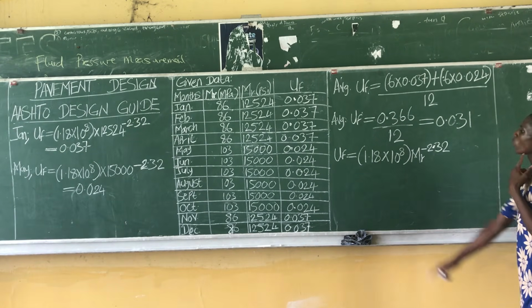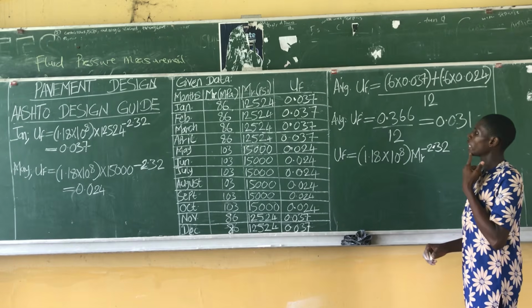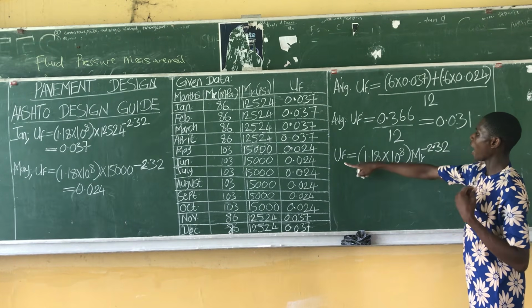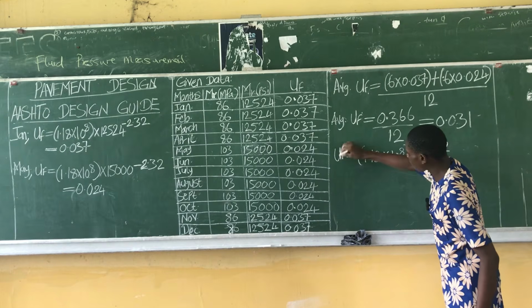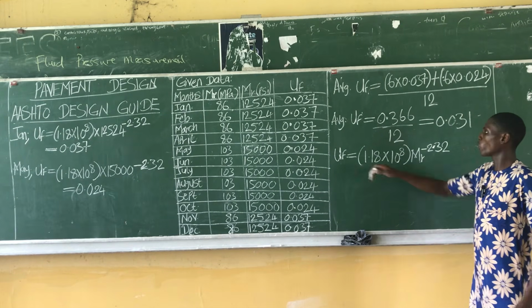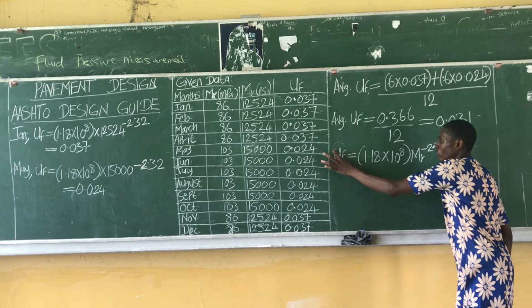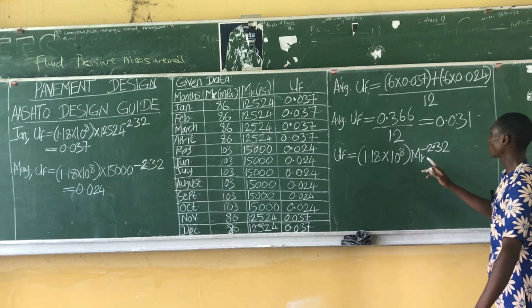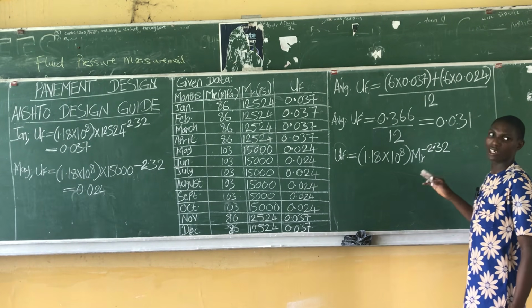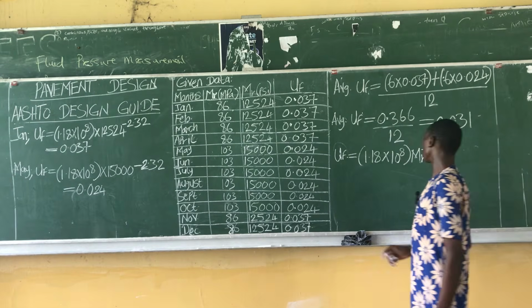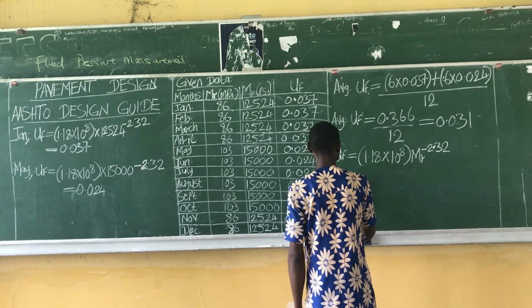Okay, so in this expression, if this relative damage is in its average form, then making our resilient modulus the subject of the formula, we will have our effective resilient modulus.